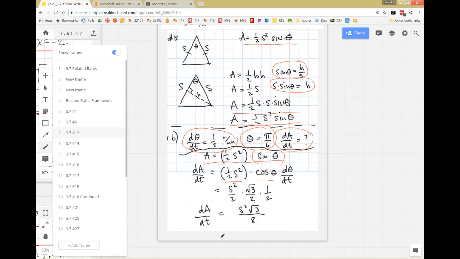Why didn't I write that down? Okay, so plus the sine of theta times the derivative of the first. And that would be what? S ds dt.